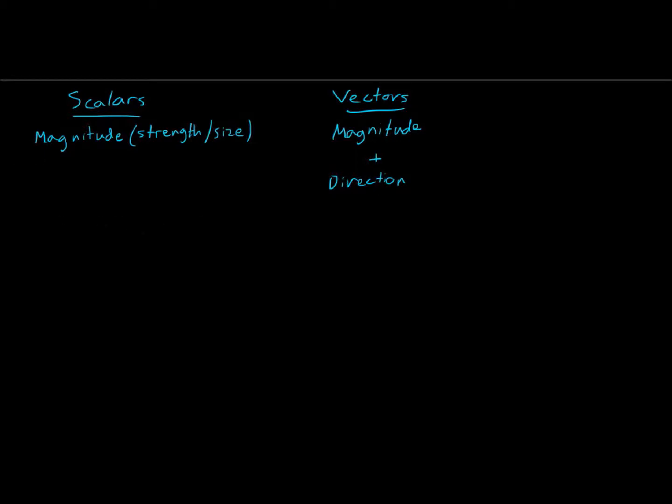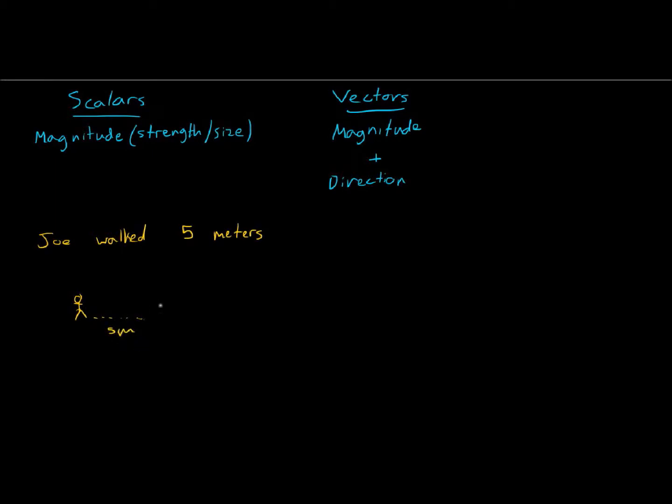So if that's a little unclear, let's do an example so you get the hang of it. Consider the sentence, Joe walked 5 meters. Okay, simple sentence. So Joe is starting, let's say, here. And then he walks, let's say, 5 meters.